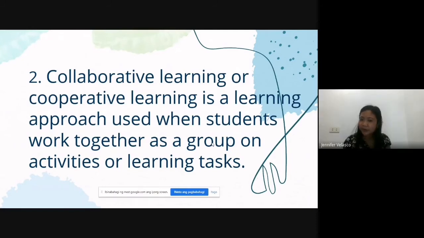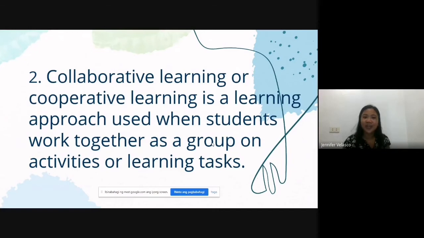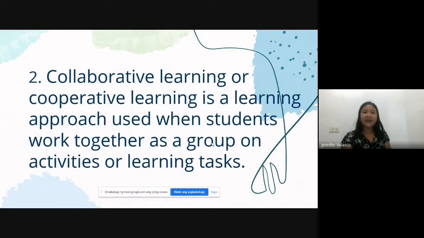Do we need to include used or remove? Remove, ma'am. Okay, we need to remove. It's a learning approach. It stops there because approach is the object of the verb. And the rest, down to the word task, is what you call, what part is the last one? The differentia, ma'am. Yes, the differentia.